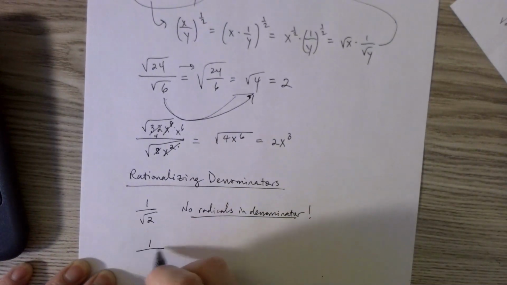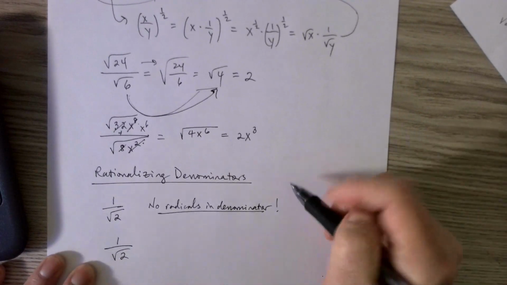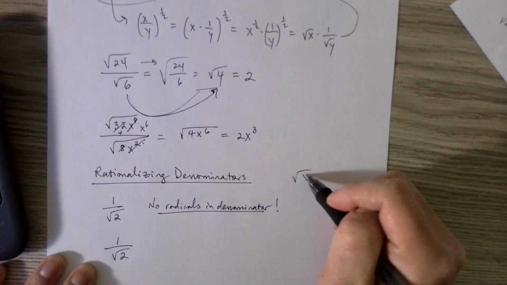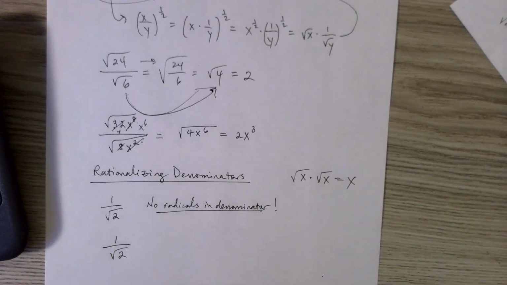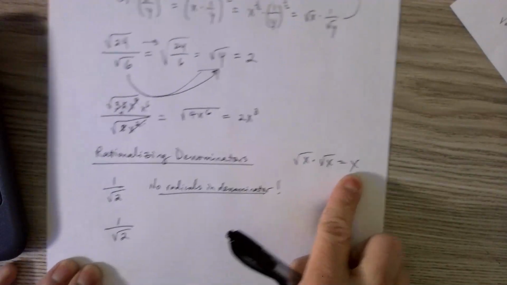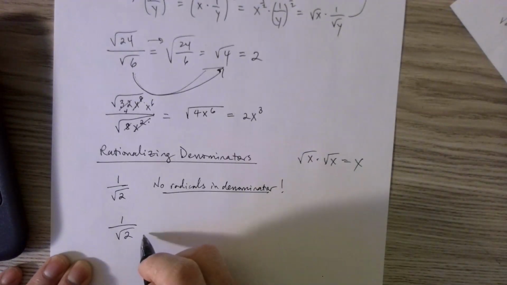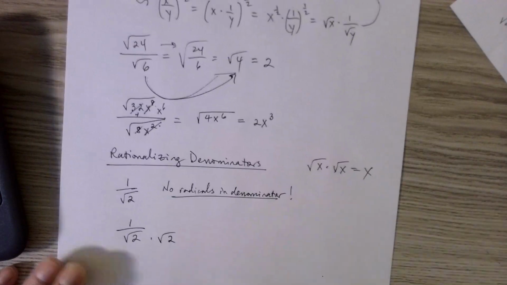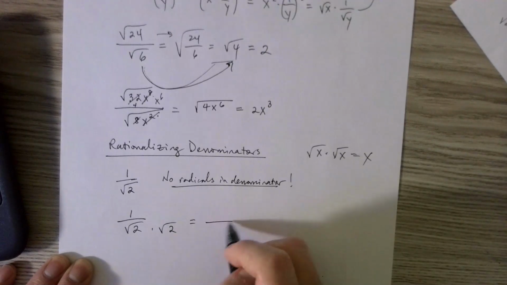So I'm going to use the fact that rad x times rad x equals x to do this. Rad x times rad x equals x. So if I multiply the denominator with the rad 2, then my new denominator will be 2.